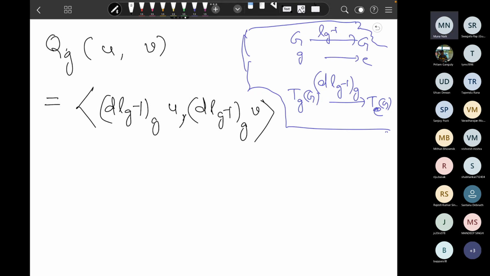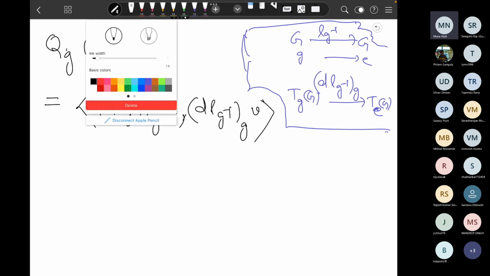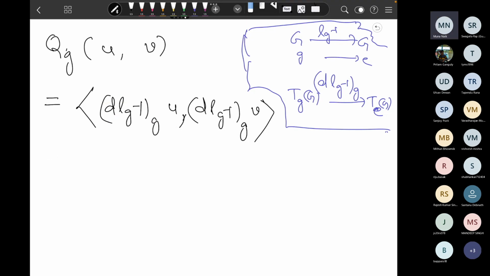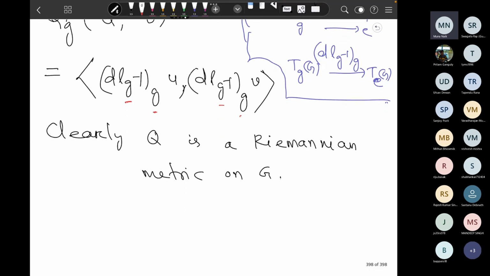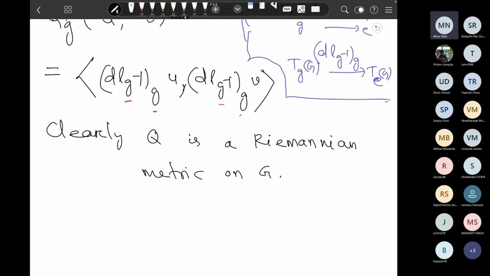Since LG inverse is smooth, this is indeed a Riemannian metric on G. Observe one thing, you should really remember this: this is G inverse and this point is G inverse G. These two things you have to remember. Okay, so claim: this is a left invariant Riemannian metric.